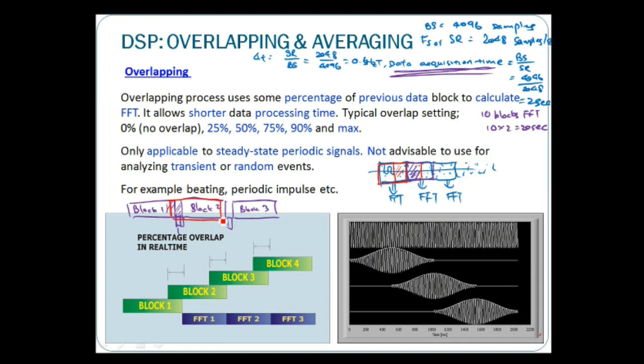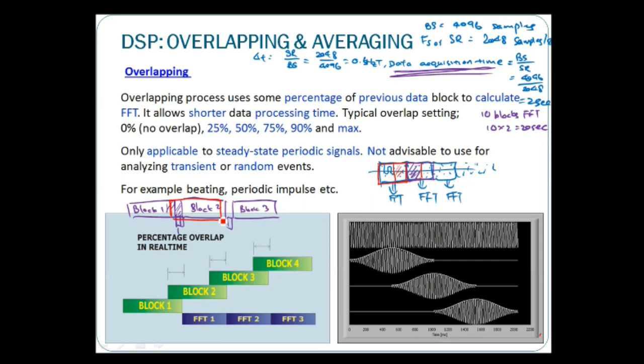So as long as your FFT is fast enough, actually overlapping for me is probably not so needed, because it can happen very fast and you don't even see the difference.